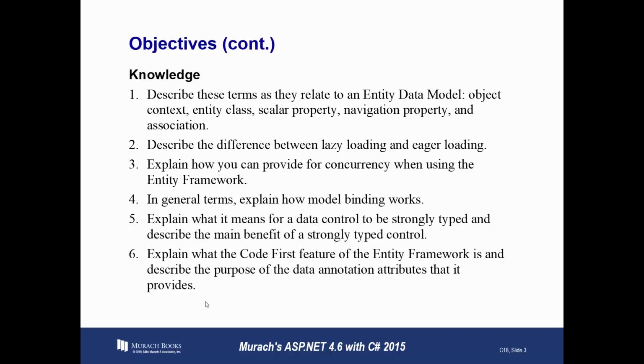Number 4, in general terms, explain how model binding works. Number 5, explain what it means for a data control to be strongly typed and describe the main benefit of a strongly typed control. And number 6, I think that was it, yep. Explain what the code first feature of the Entity Framework is and describe the purpose of the annotation attributes that it provides.